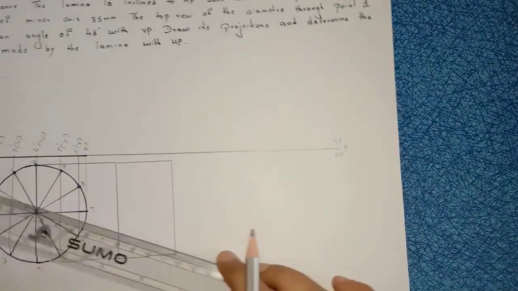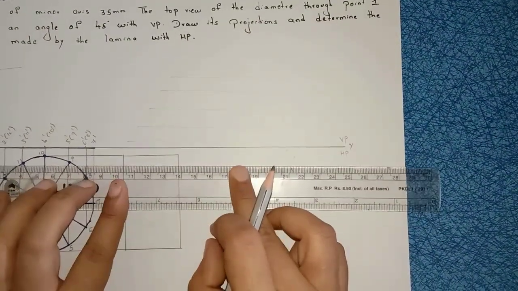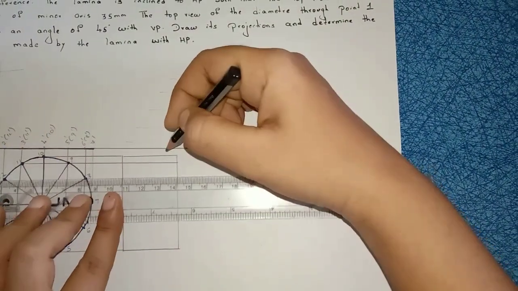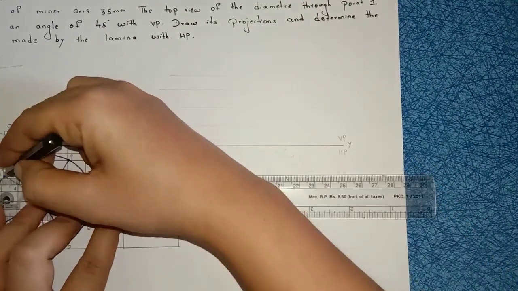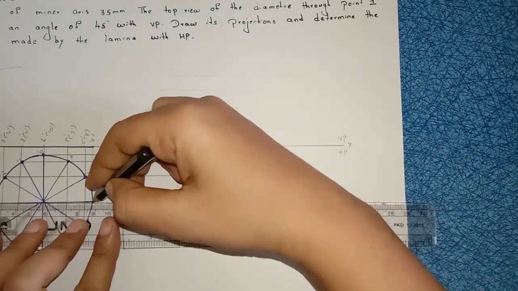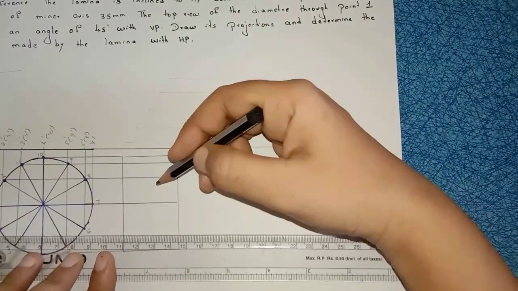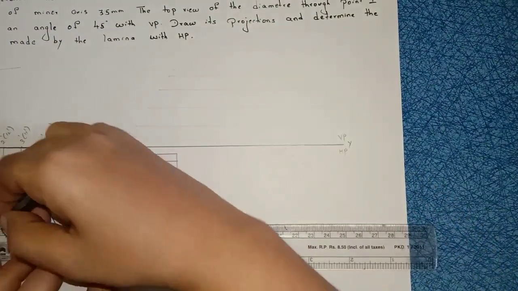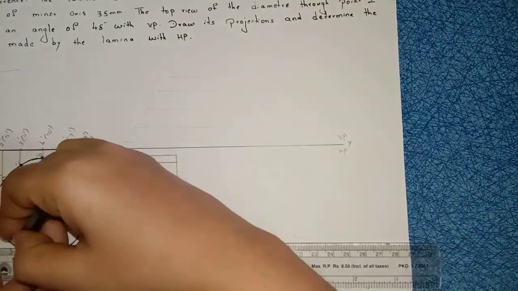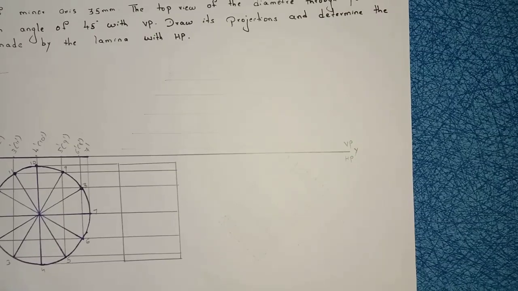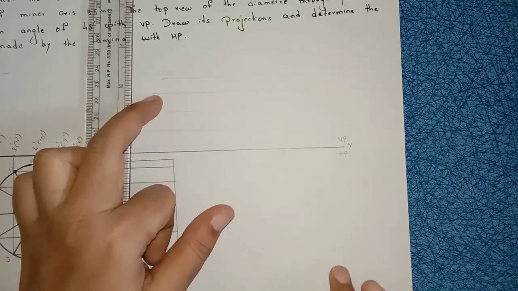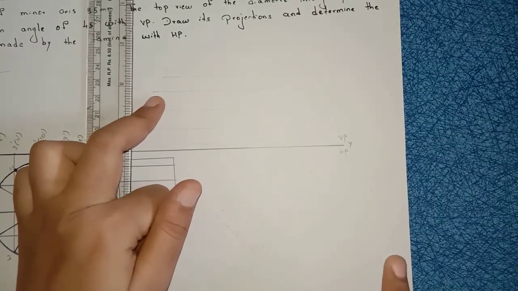Now join this one. From every corner of the circle, 11 and 9 project the line, 12 and 8 project the line, 1 and 7 project the line, 2 and 6 project this line till here, and the last one is 3 and 5, join this 3 and 5. After that, here they said that it is inclined to HP, but we don't know the angle here, right?